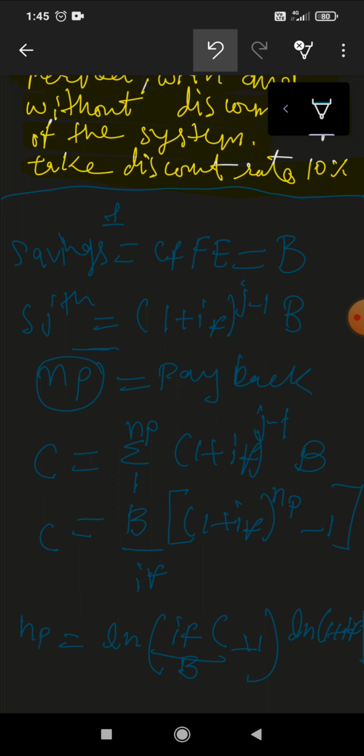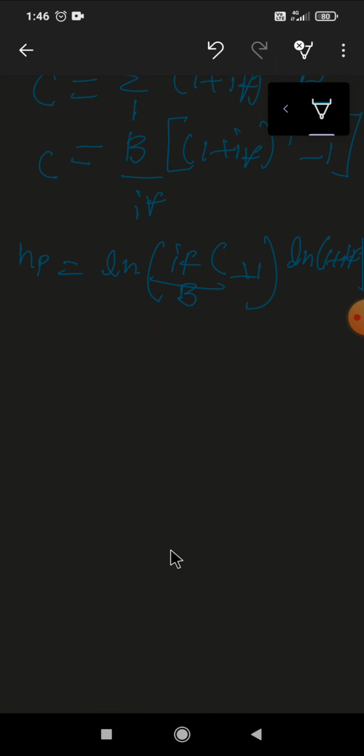So this formula we are going to use in the equation, but there is one more thing: what do we do if discounting is given? If discounting is given, then our formula will change. So what will be the formula?